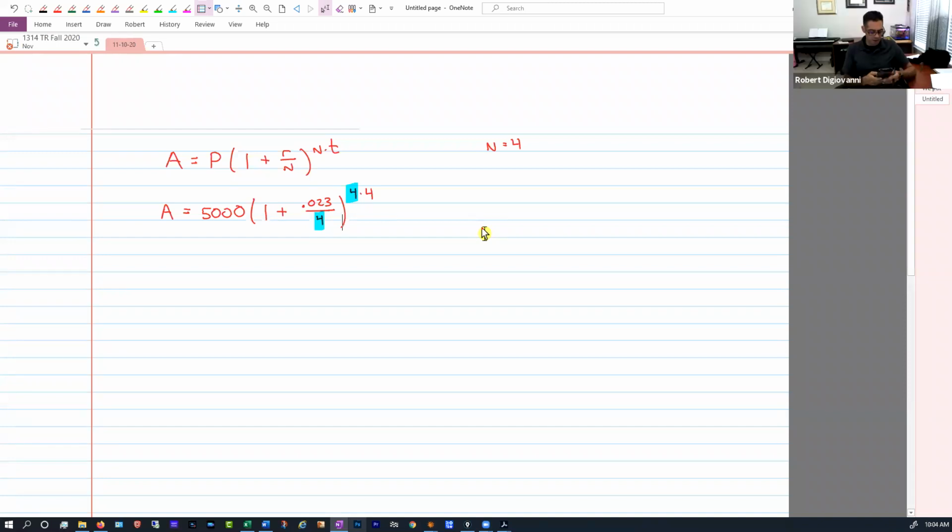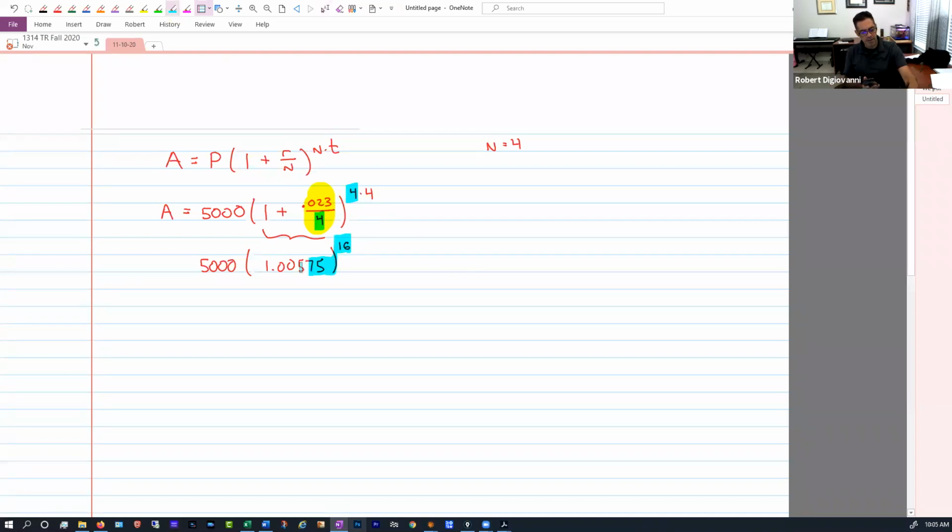Let's calculate it, right? 0.023, let's divide it by 4. I'm doing this operation first on my calculator. To save a little bit of time, when I get that answer, I'm going to add the 1 to it also. I get 1.00575 there, and then raised to the 16. Make sure you multiply the 4 times 4, right?